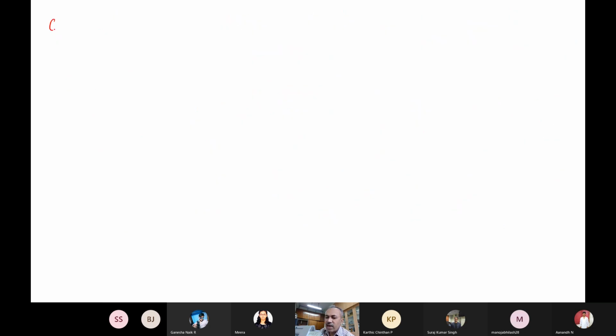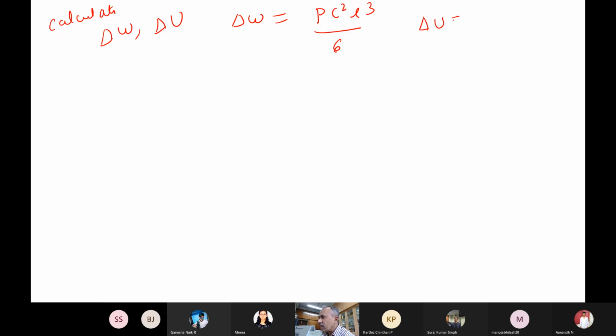So you calculate delta W and delta U, just a straightforward substitution, nothing big, because these are all polynomials. Delta W is c square L cube by 6, and delta U is 2EI c square into L.